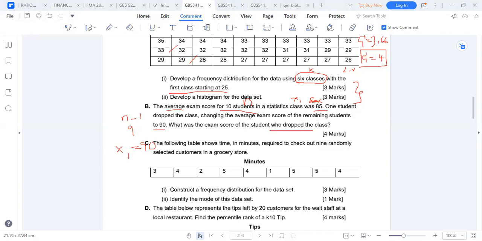So we go to our next question, where we're given the following data. We need to construct a frequency distribution for the data set and find the mode.